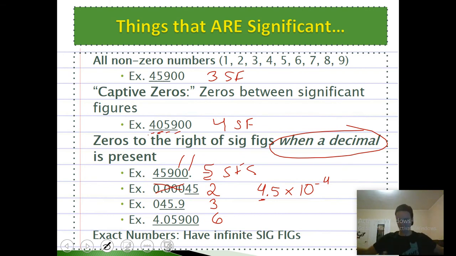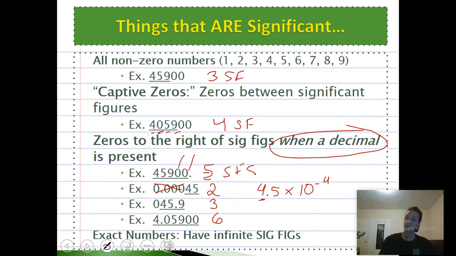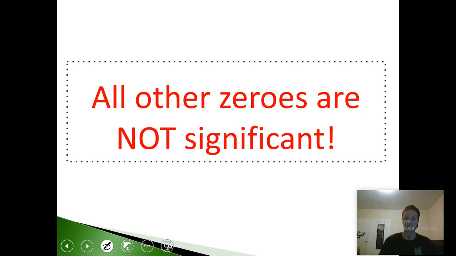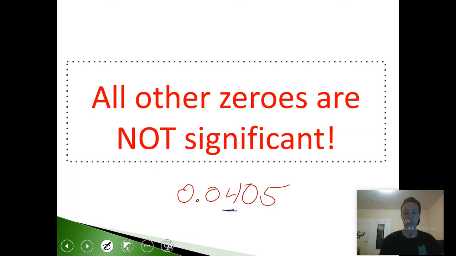That is infinite sig figs. Any other zeros that don't follow the rules we had previously are not significant. So if you've got 0.0405, the 4 and the 5 are good. This 0 is in between, but those two don't count. So we would say that there are 3 sig figs here.